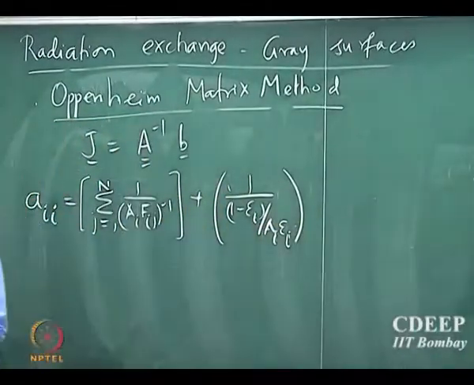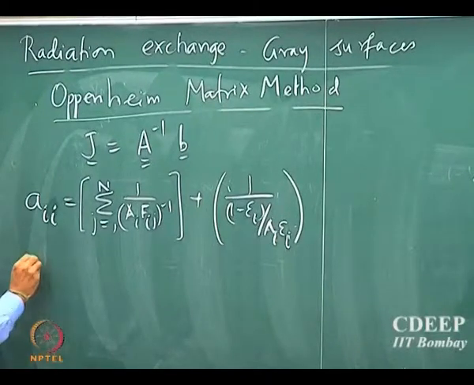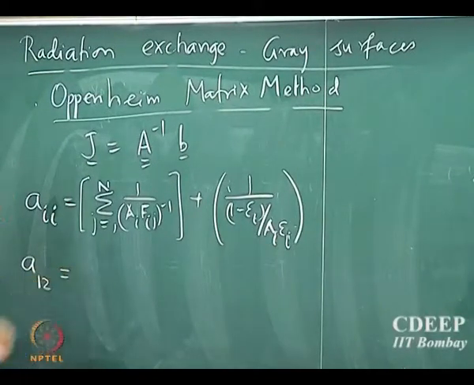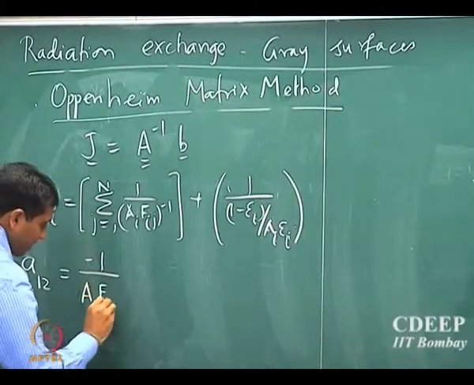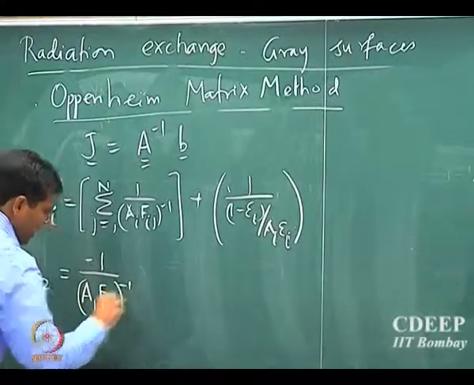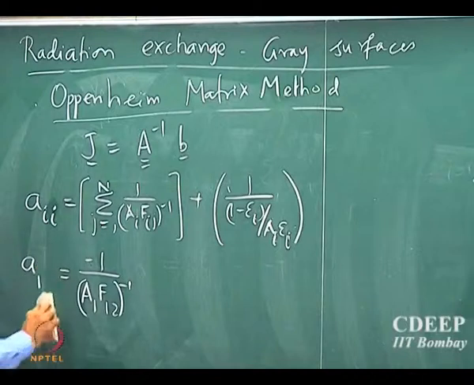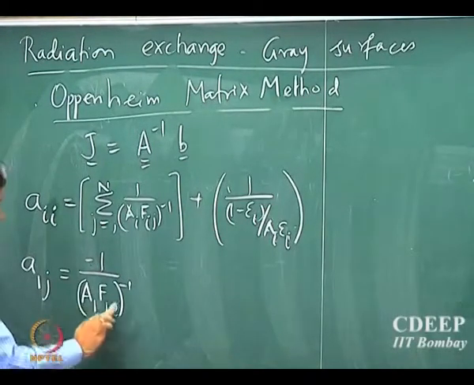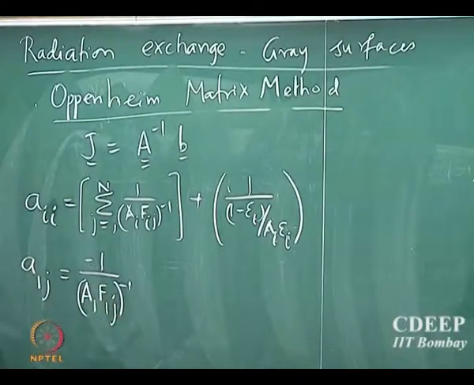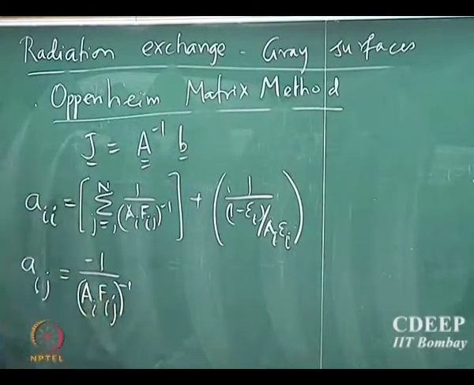So that is the general diagonal term, and then if I look at the off diagonal terms, A12 will be minus 1 by A1 F12 inverse, right. So if I want to find the general non-diagonal term, Aij will be A1 F1j, okay, and then I replace the first index with i, Ai Fij, okay.